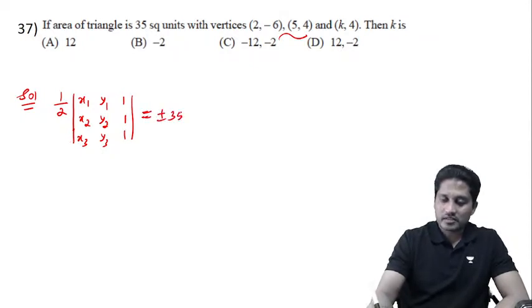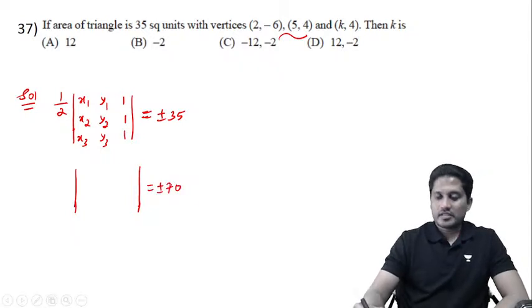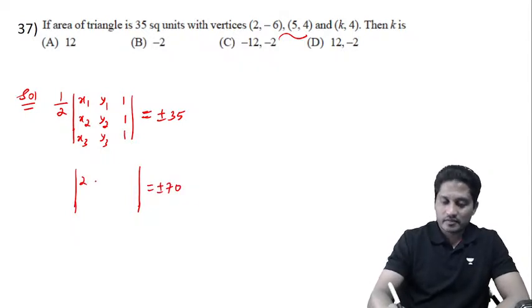This is plus minus 35. Now determinant is equal to plus minus 70. So this is x1 y1 1. x2 y2 1, that is 5 4 1. x3 y3 1 is k 4 1.